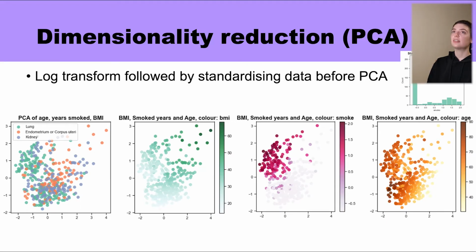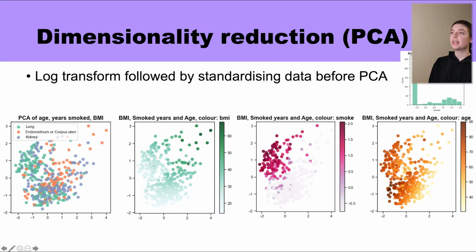And lucky last, if we log transform our data followed by standardizing it before we perform principal component analysis, then what we've got is what you see here, which seems to be quite a nice capturing of each of the pieces of information that we've input into our principal component analysis.